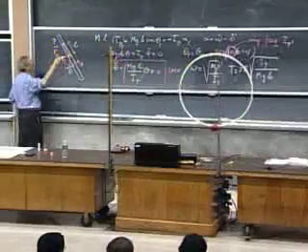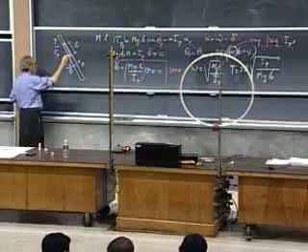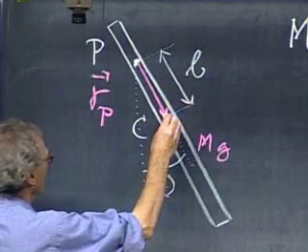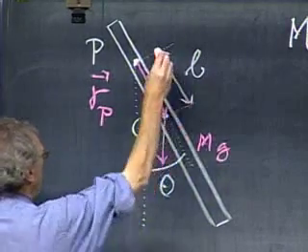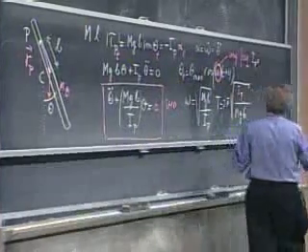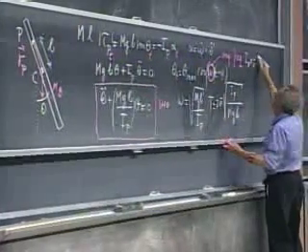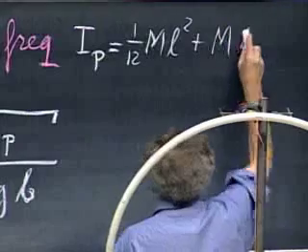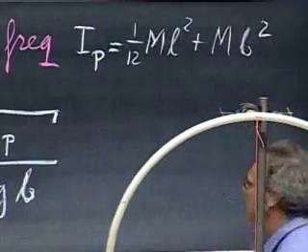If it were rotating about the center of mass, about this axis, then it would be 1/12 ml squared, and so we have to add mb squared. We did something similar there. So this is 1/12 ml squared plus m times b squared, parallel axis theorem.